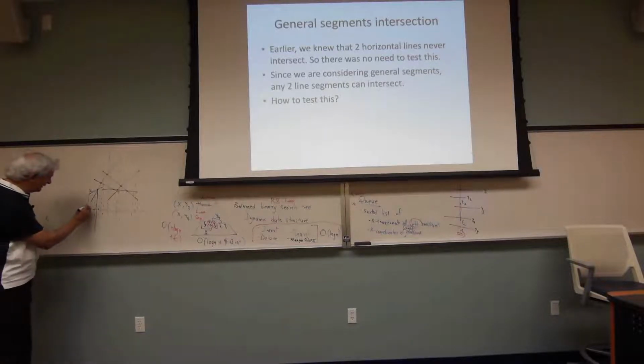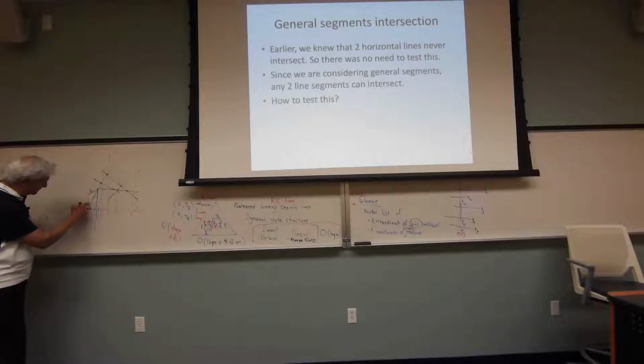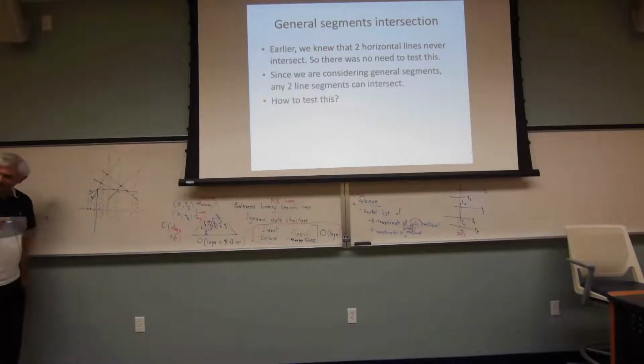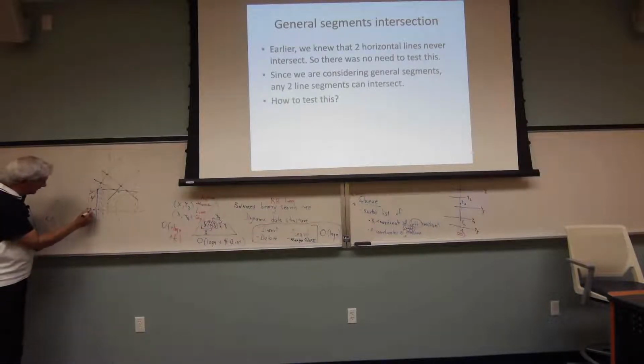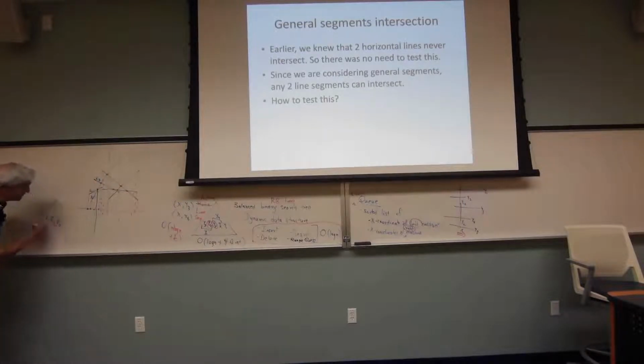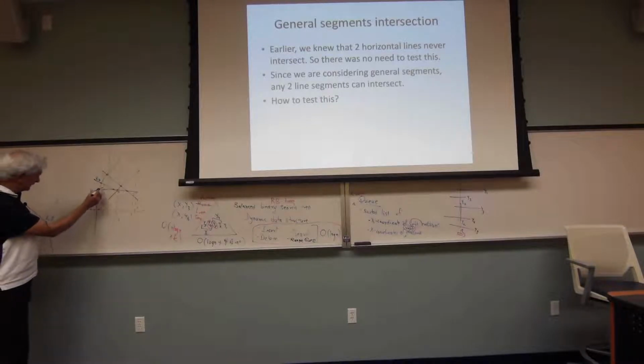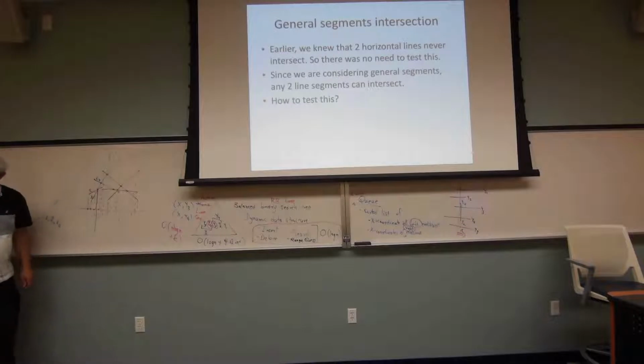Then I hit this guy, L2, and I store L2 when I hit that event. Then when I come here, it's L3, so L3 becomes active. Then I hit this point and L1 stops being active, so I remove L1 from here.